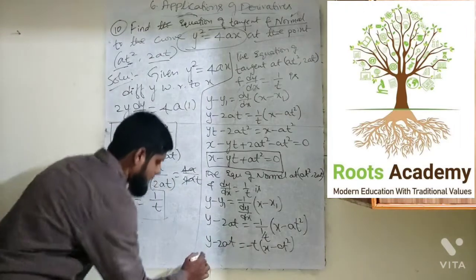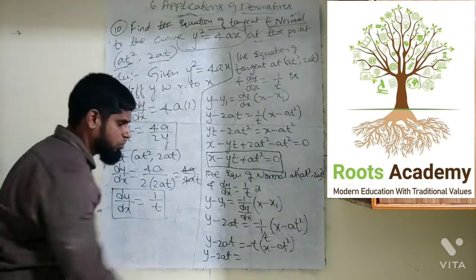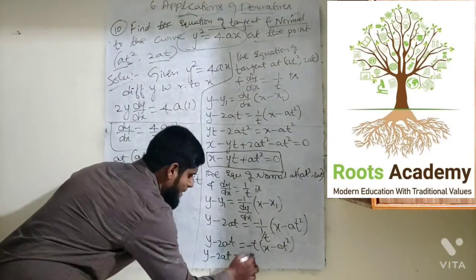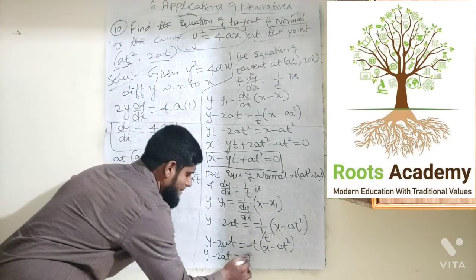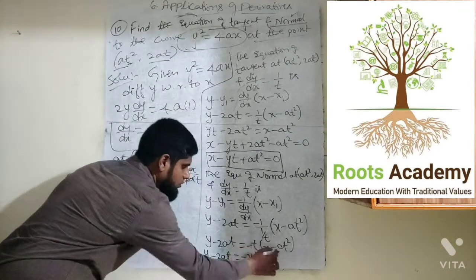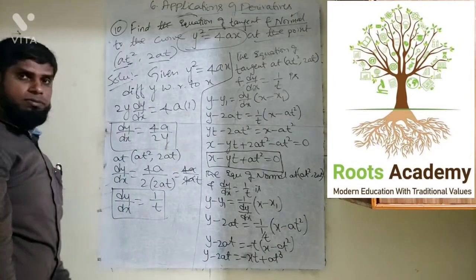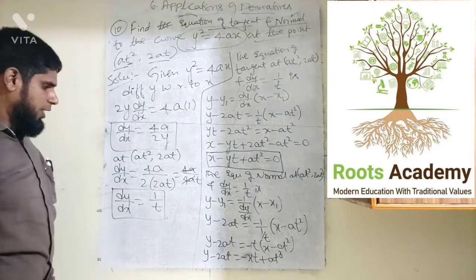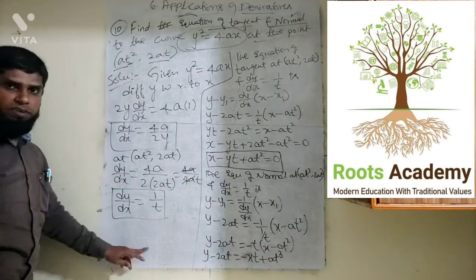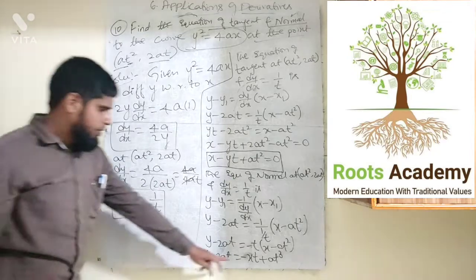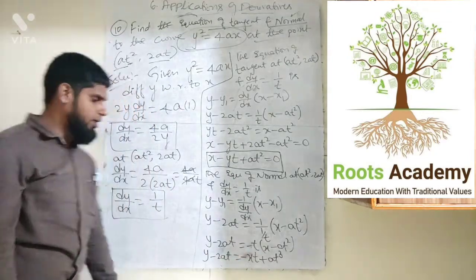Finally, I will get y minus 2at is equals to minus xt, minus into minus is plus at cube, plus at cube. I'm sorry, I don't have space, so I'll write it here. The final equation of normal I will write here. So shift this minus xt plus at cube towards our left hand side.